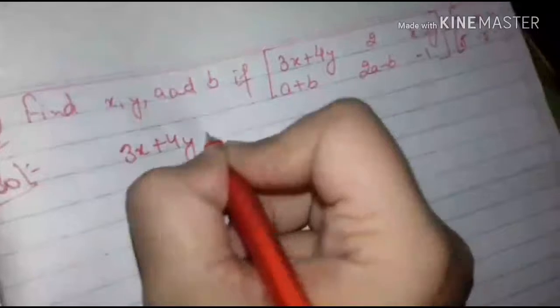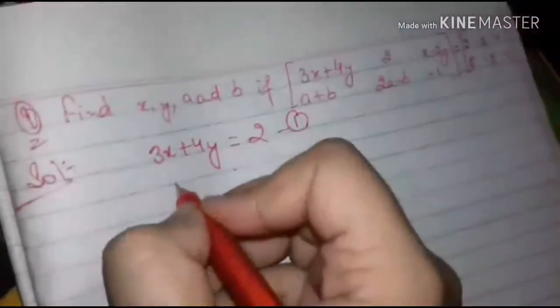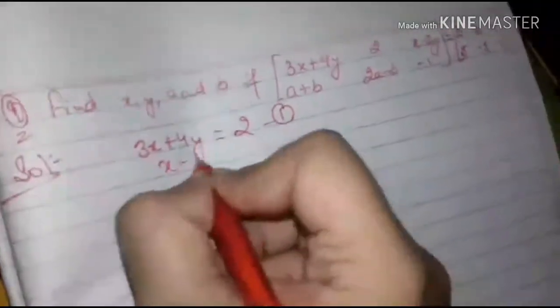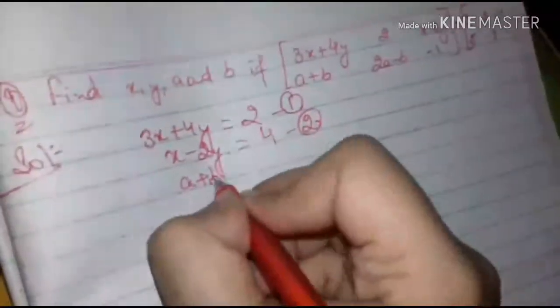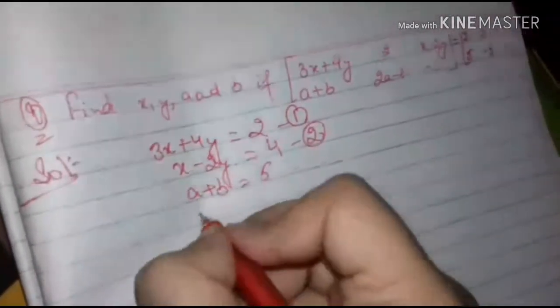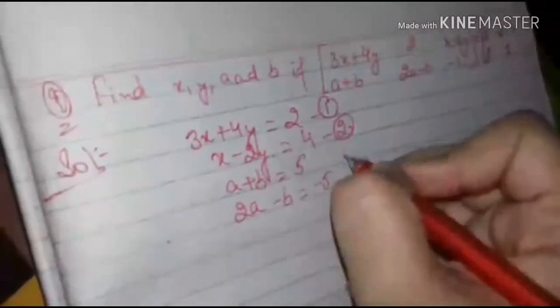3x plus 4y is equal to 2 first, x minus 2y is equal to 4 second, a plus b is equal to 5 and 2a minus b is equal to -5.